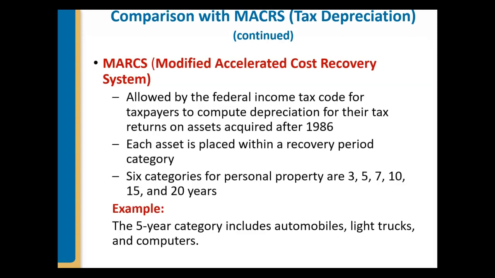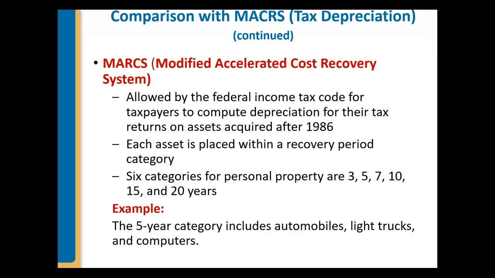The Federal Income Tax Code allows taxpayers to compute depreciation for their tax returns on assets acquired after 1986 using the Modified Accelerated Cost Recovery System. We call this MACRS. Under MACRS, each asset generally is placed within a category, which is a recovery period category.